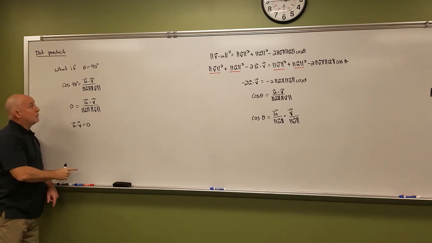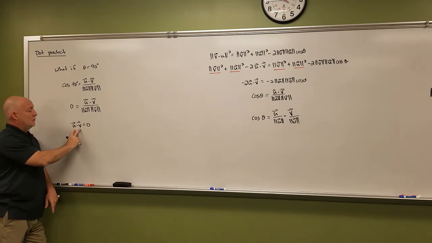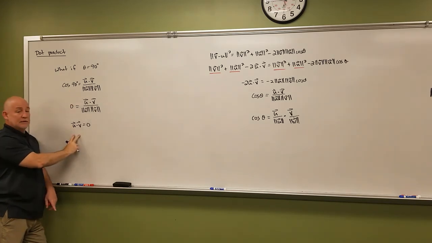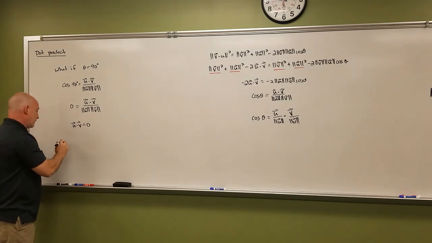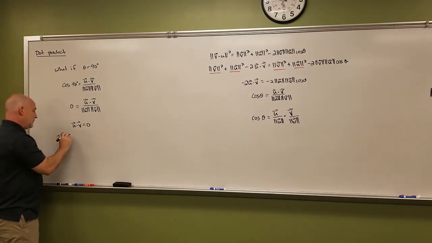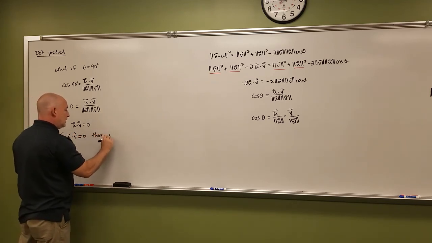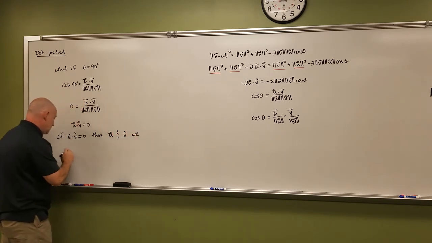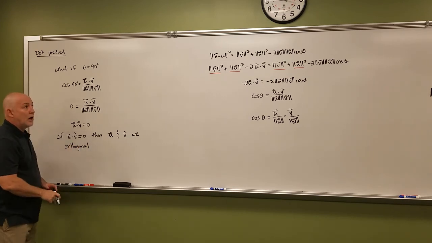All right, this is a pretty important result because it says, we can read this in both directions. It says if u dot v is equal to 0, that means that the angle between them has to be 90 degrees, and if the angle between them is 90 degrees, that the dot product is equal to 0. Now this is going to be a new definition for us. If u dot v is equal to 0, then u and v are something called orthogonal.